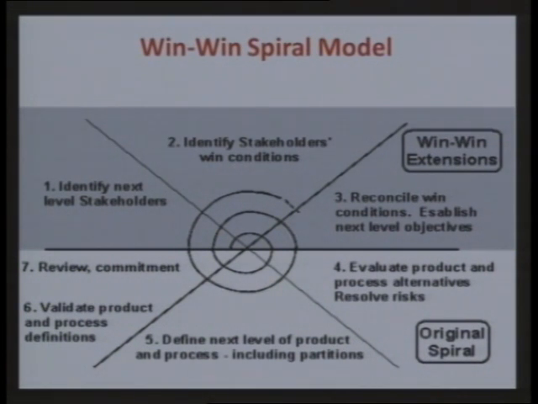And here is how we move up to the other 4 quadrants. That is, we evaluate the product and process alternatives and resolve different risks. Then we define the next level of product and process. Then we move on to validation of the activity, and at the last we look at the review and commitment.